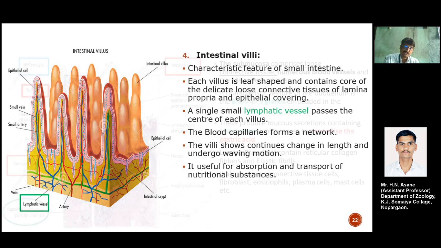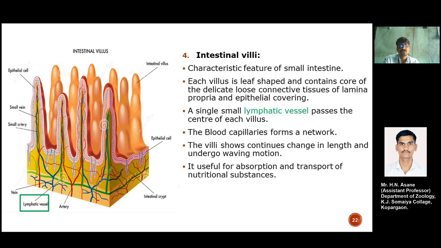These intestinal villi are useful for the absorption and transport of nutritional substances.